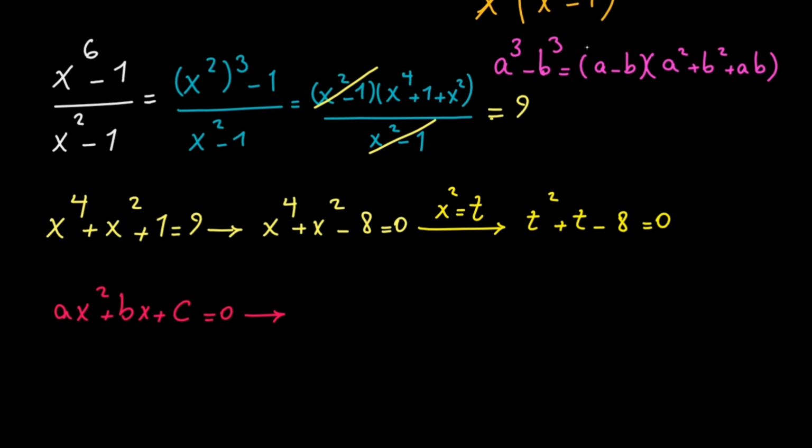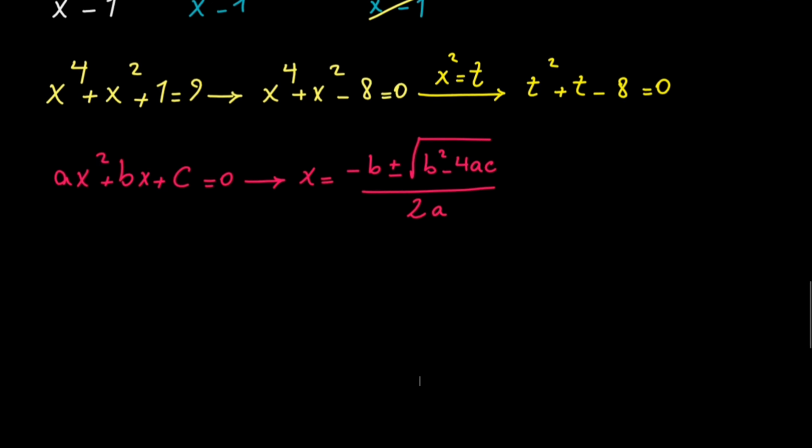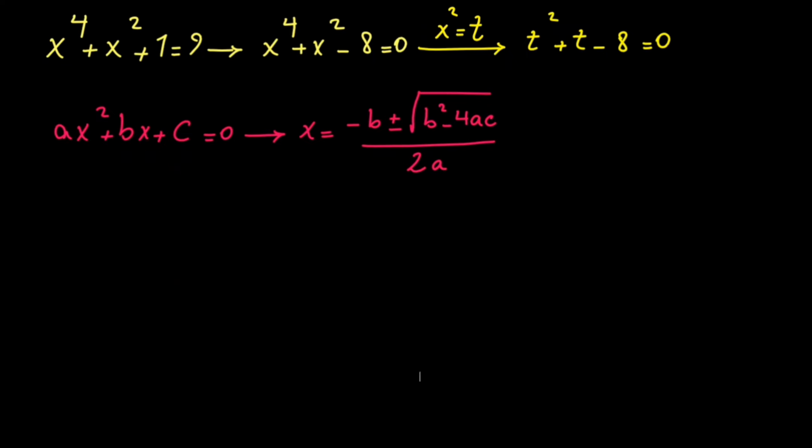So x will be equal to minus b, positive and negative, square root of b squared minus 4 times a times c, over 2a. I proved that formula. Why is that correct? And I put the link of that video in description. If you don't know, check that video.